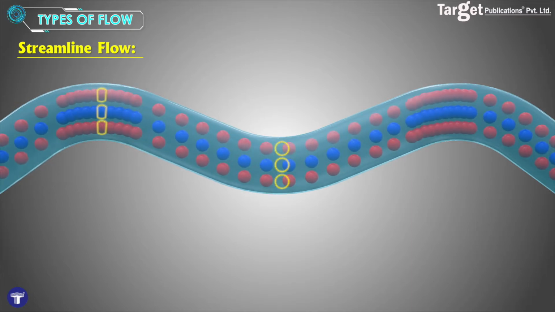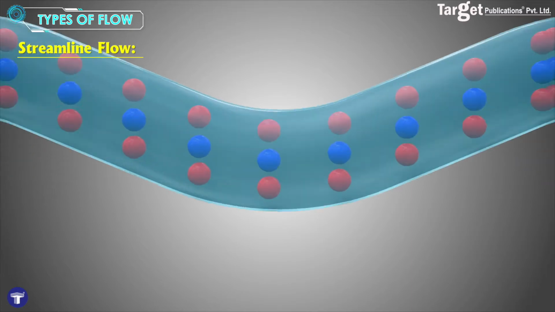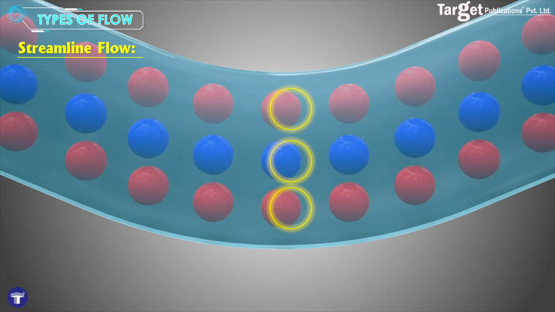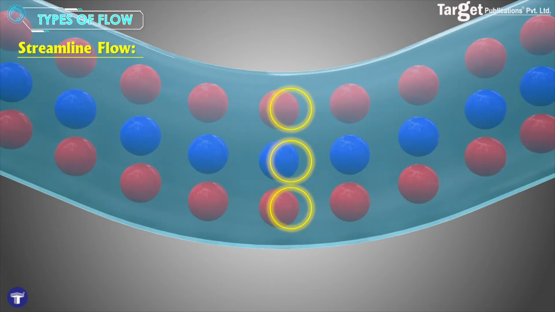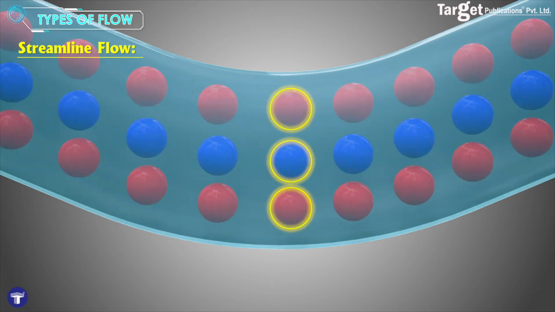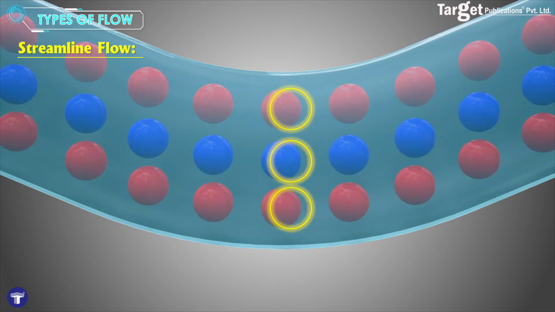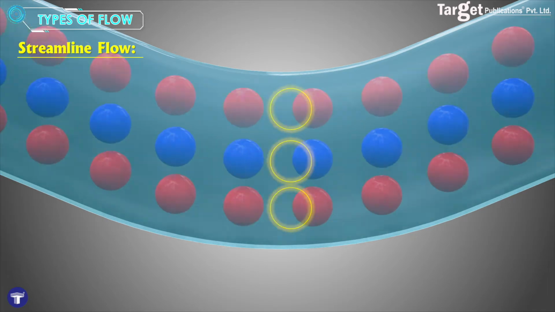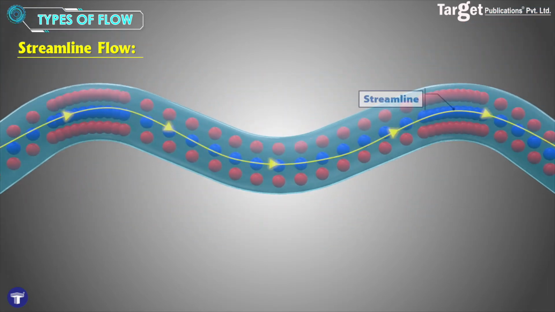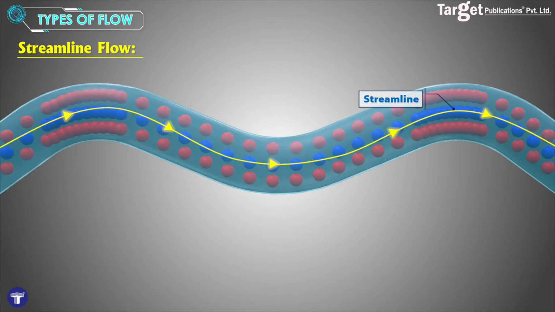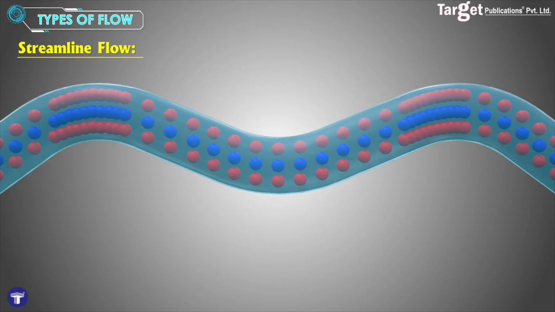But if I'm looking at a single observational point, then every particle passing through this point will follow the same path taken by the previous particle and will also have the same velocity as it passes through that point. The path taken by a fluid particle in a streamline flow is called a streamline.